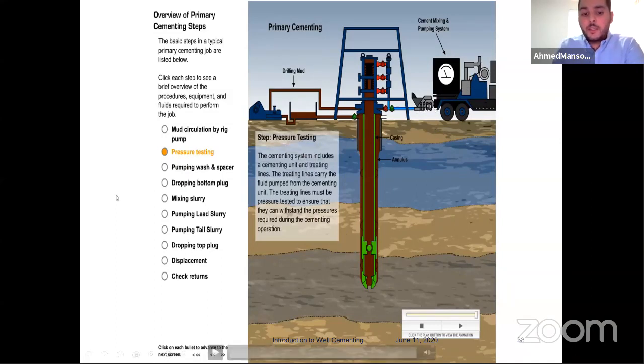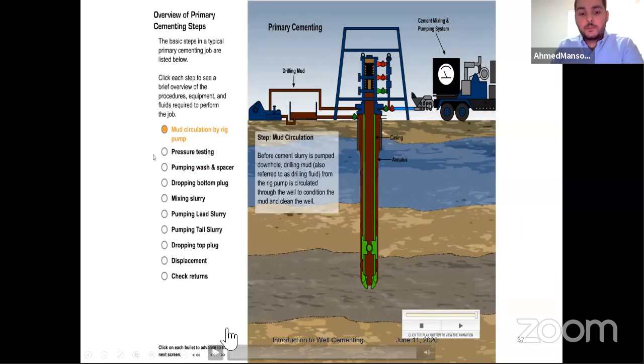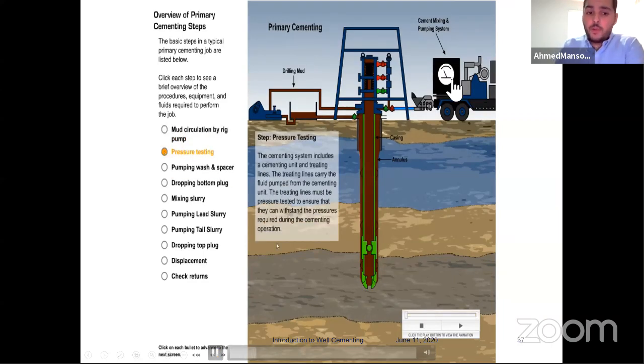You can see here the pressure gauge. We apply pressure, and if there is no decrease in the pressure, that means we don't have any leakage in our equipment. You can see high pressure and no leakage or decrease. That indicates that we are good to start our cement and we don't have any leakage in our iron.